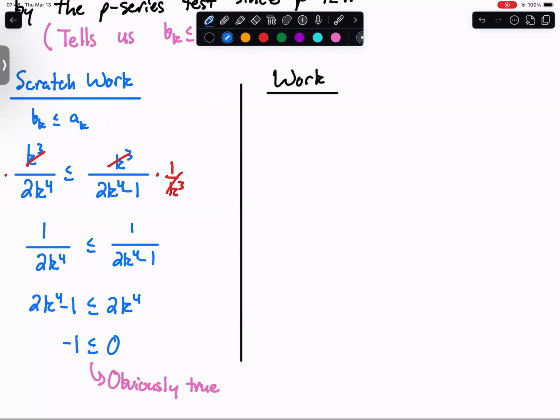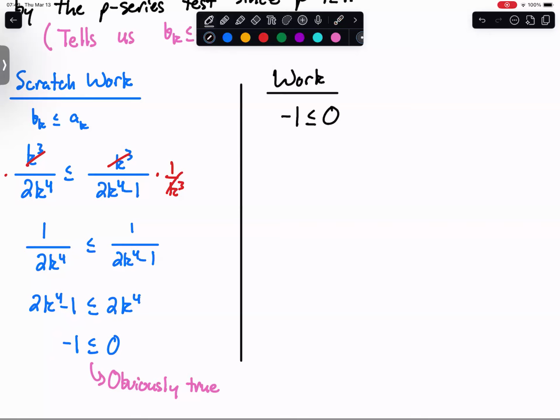Again, from class, the way we do it is we take our scratch work and read it backwards to actually justify that our inequality is true. We start from an inequality that I know is obviously true. In this case, from our scratch work, I reached an inequality that was obviously true: -1 is less than or equal to 0.